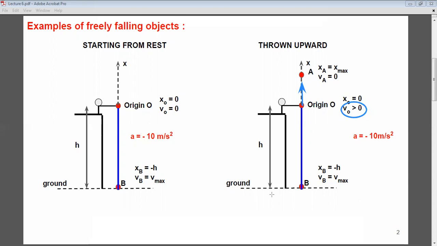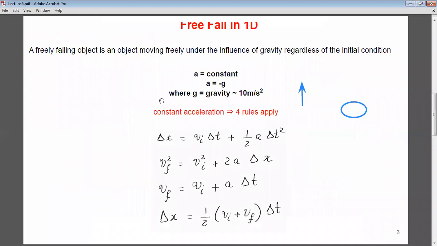One thing to keep in mind is that whether the ball is going up or going down, in any situation, the acceleration is constant. It's equal to minus 10 meters per second squared. And because this acceleration is constant, I can use these 4 rules where instead of a, I will put minus g.